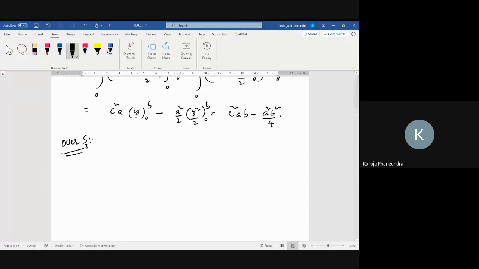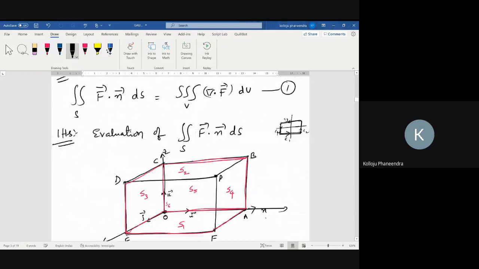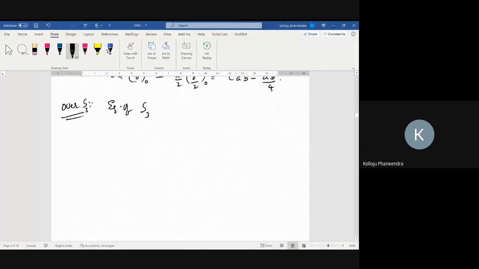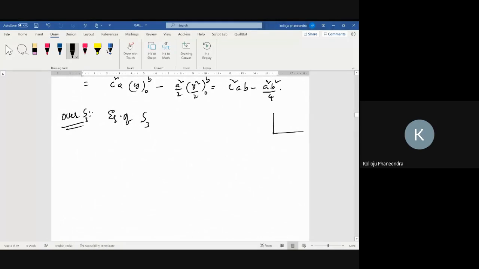Over S3. What is the equation of S3? What have I taken as S3? S3 means the YZ plane. I have taken S3 as the YZ plane. Now this is S3.